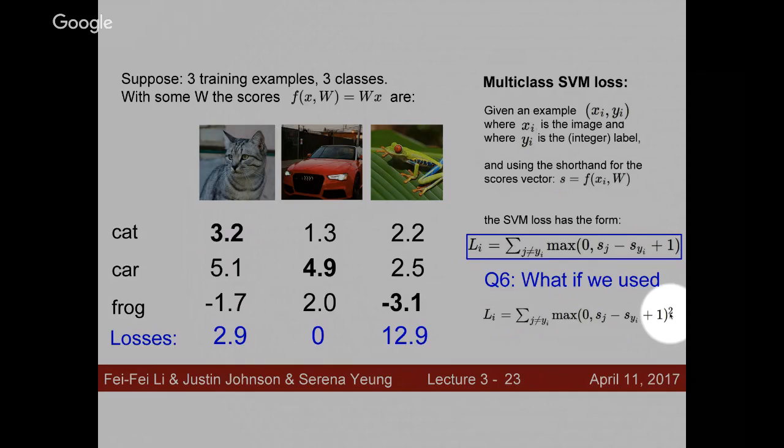Squaring makes things greater than one bigger, and it makes things smaller than one smaller. So if the score is very similar to the actual one, you will make the loss for that smaller. So now it becomes harder to distinguish in your result.